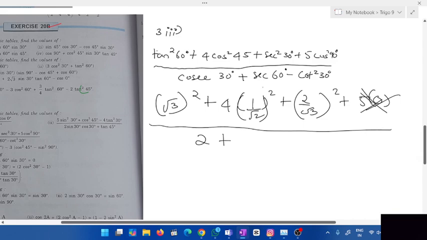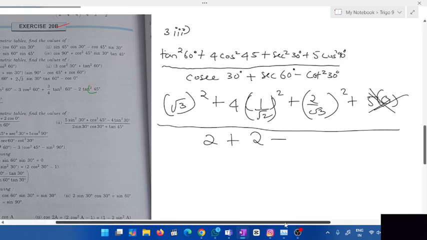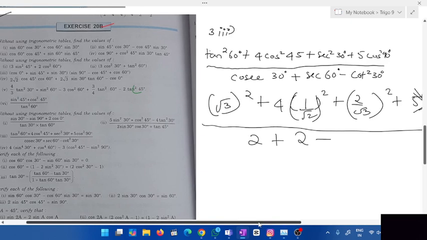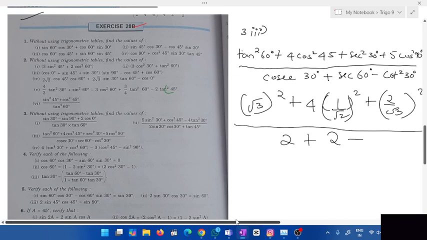How much is sec 60? Again 2, right? Yes, sir. Minus tan. Which question is this? No, sir, minus cos square. Tan is correct.